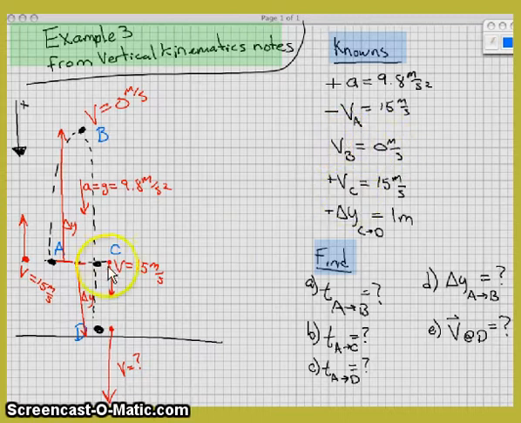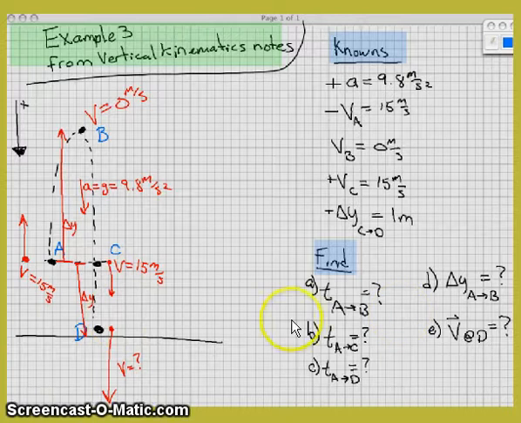The velocity at this point is 15 meters per second as well. And we know that the displacement looks like from C to D, that's from this point to this point, is 1 meter. I don't have it labeled here, but that's the value at least. And again, this would be the same displacement from A to D as well. So ultimately, whether we go from A to D here or C to D, it really is not important.